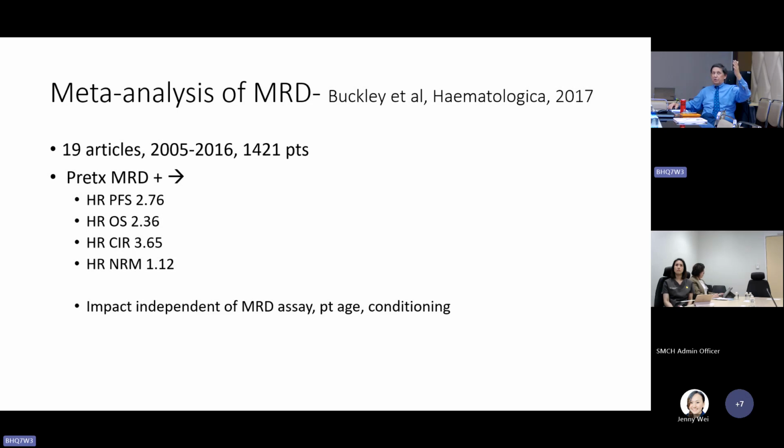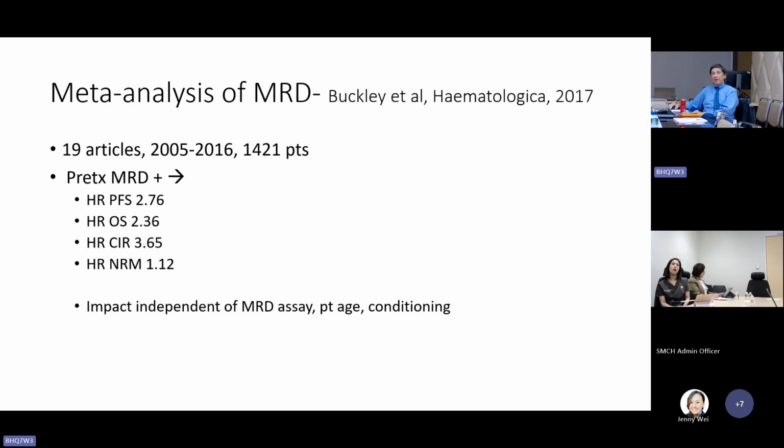And again, 20 years ago, we did not have really good MRD measurements in AML, but it showed that if you were positive, whether by flow cytometry, cytogenetics or FISH, your hazard ratio of progression was 2.76, meaning you're 176% more likely to relapse than someone who wasn't. The likelihood of non-relapse mortality was the same. So you weren't more likely to get toxicity, but your cumulative incidence of relapse had a hazard ratio of 3.65.